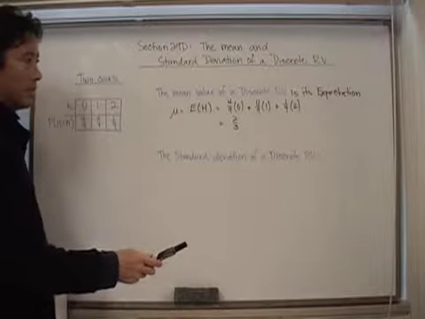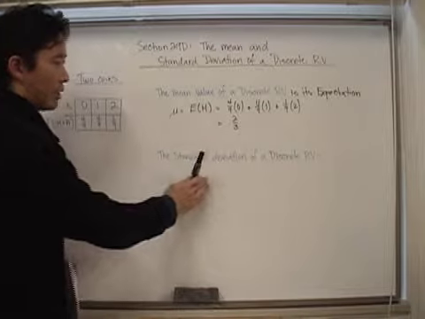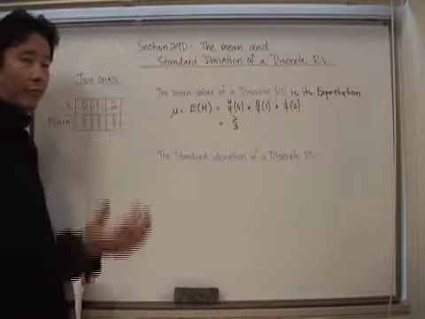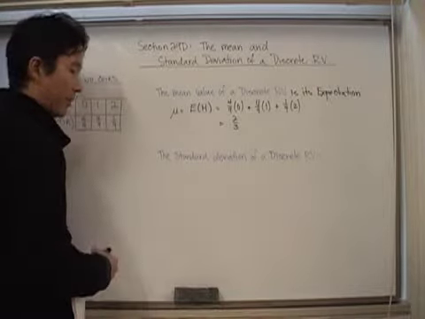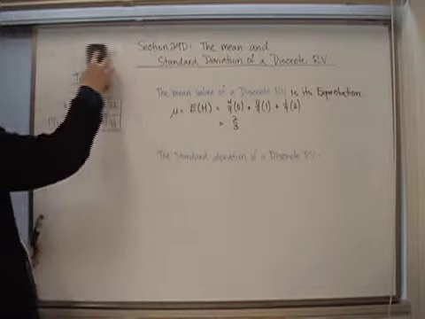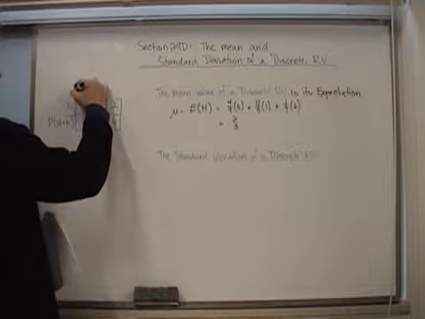You also need to talk about the measure of spread, which is the standard deviation. So how do we calculate this? We had a very long process of doing this, but there's a very simple way that you can calculate it.